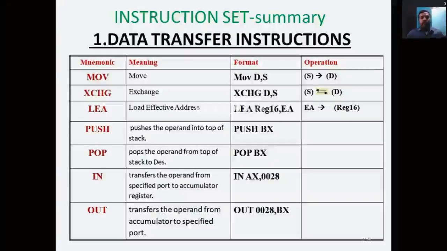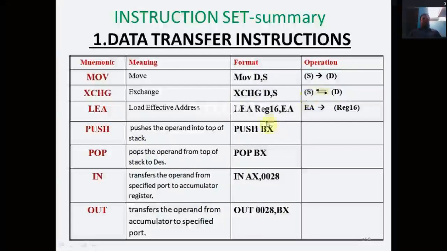Okay, right? Now we are going to see the summary. So this is easy to understand all the instructions. First we are going to see data transfer instructions: move, exchange, load effective address, then push, pop, in, out.